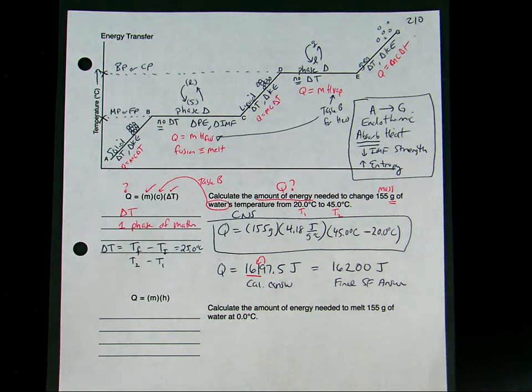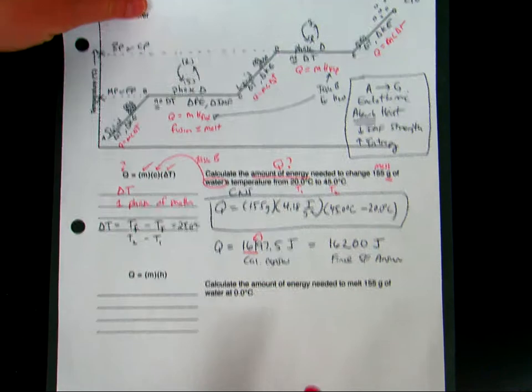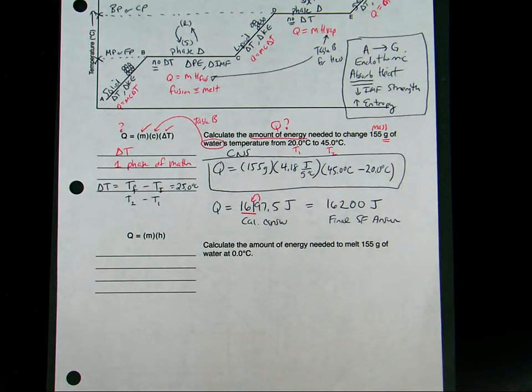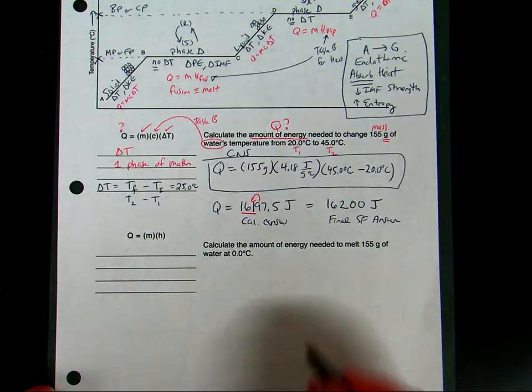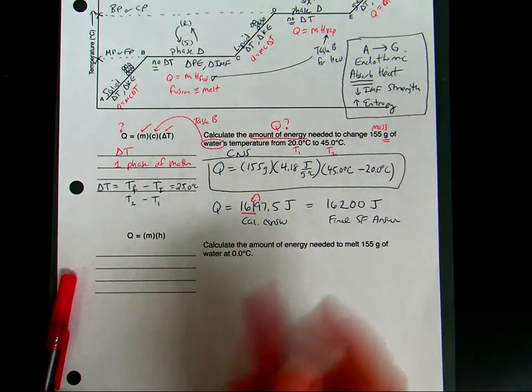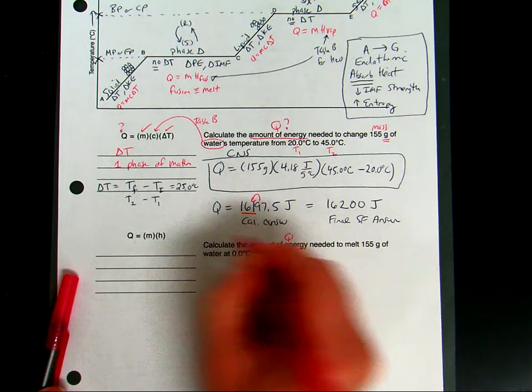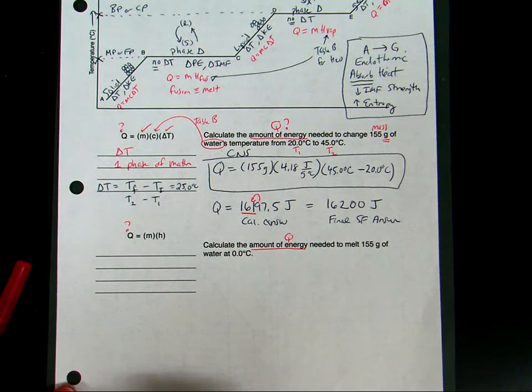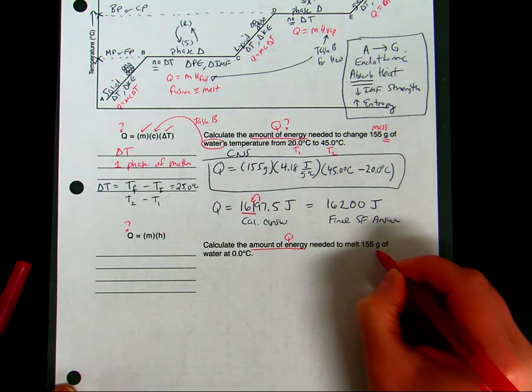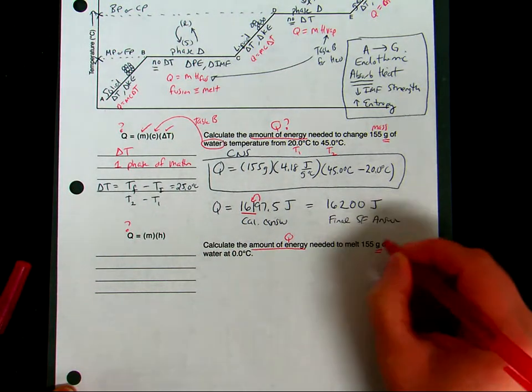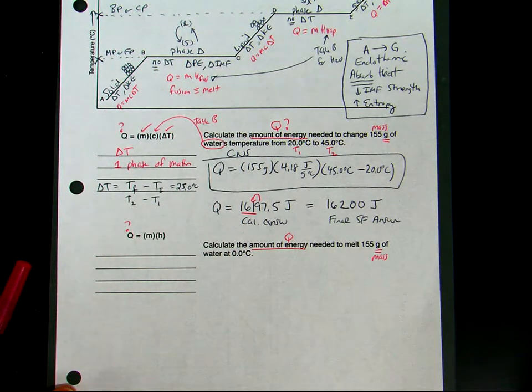Okay? Now, looking at the last problem on this page. Once again, it asks us to calculate the amount of energy. So Q, once again, is the unknown. We see 155 tagged with a G, so we should recognize that as a mass.